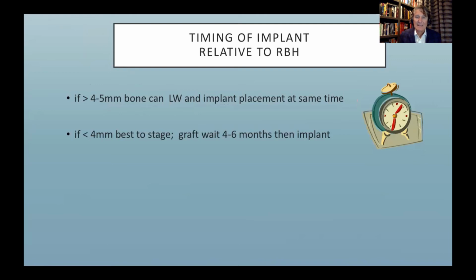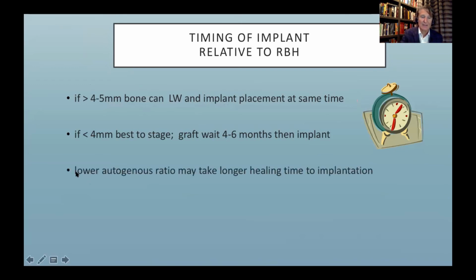So again, if you have a base bone, remember we saw the residual bone height of about 4 or 5 millimeters, you could consider placing the graft and the implant at the same time, because you have enough anchorage to get the bone in place. So that'll save you the healing time. But if you have less than 4, they recommend doing a staged approach.